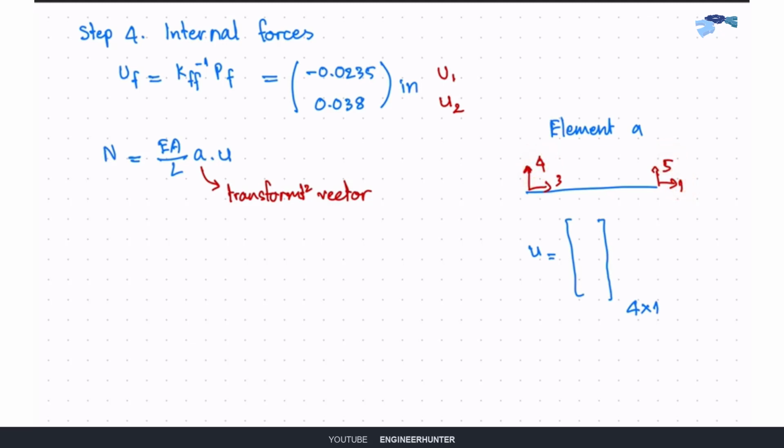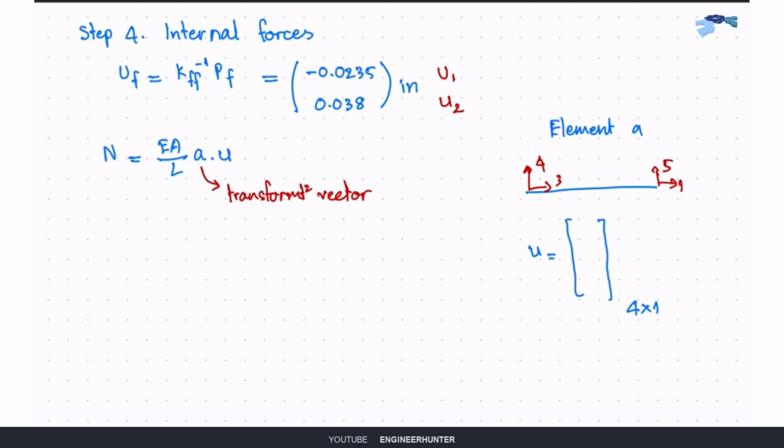So as you can see here, the displacement at degree of freedom number 1 and number 2 has this value, but the displacement at other degree of freedom are equal to 0.